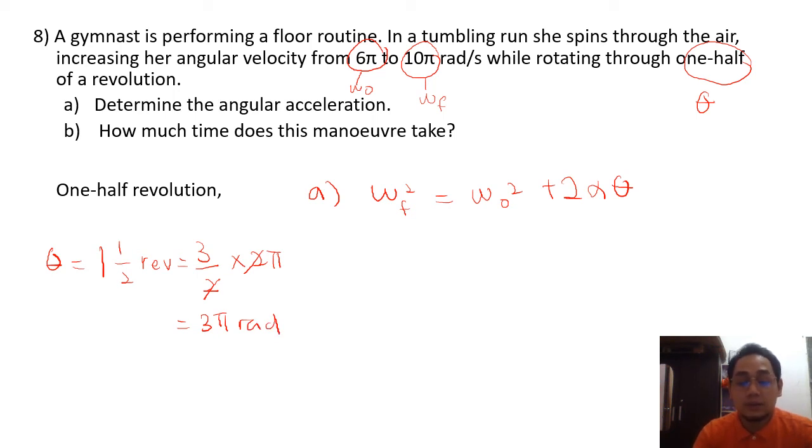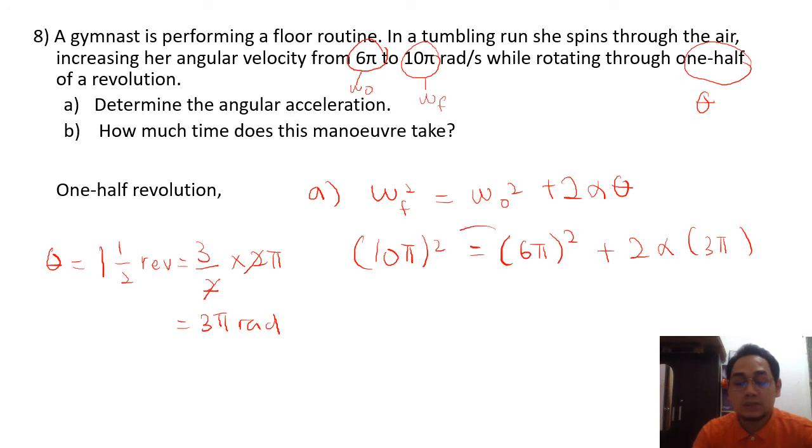So now you can substitute all the information into this formula, and you can find the value of alpha. The value of omega final is 10π, squared, equal to 6π squared, plus 2 alpha, your theta is 3π.